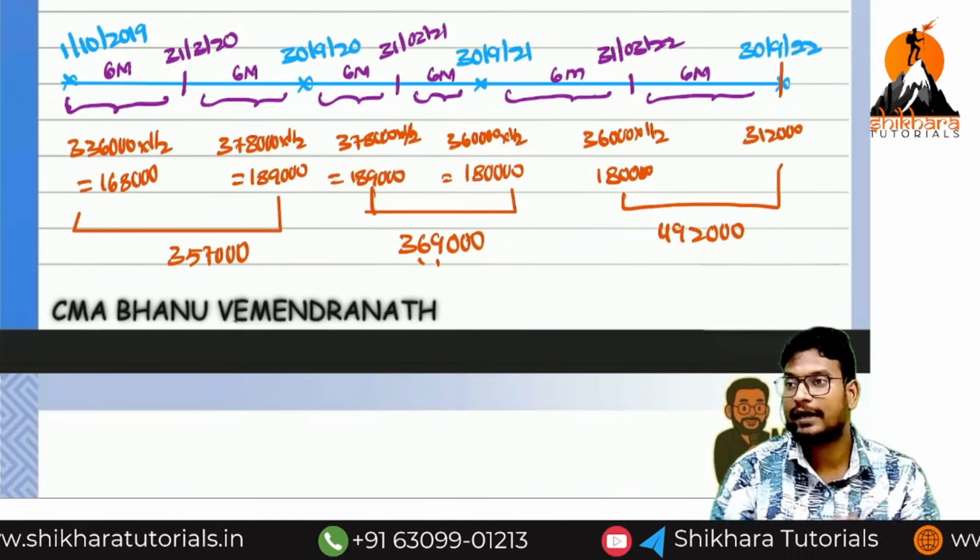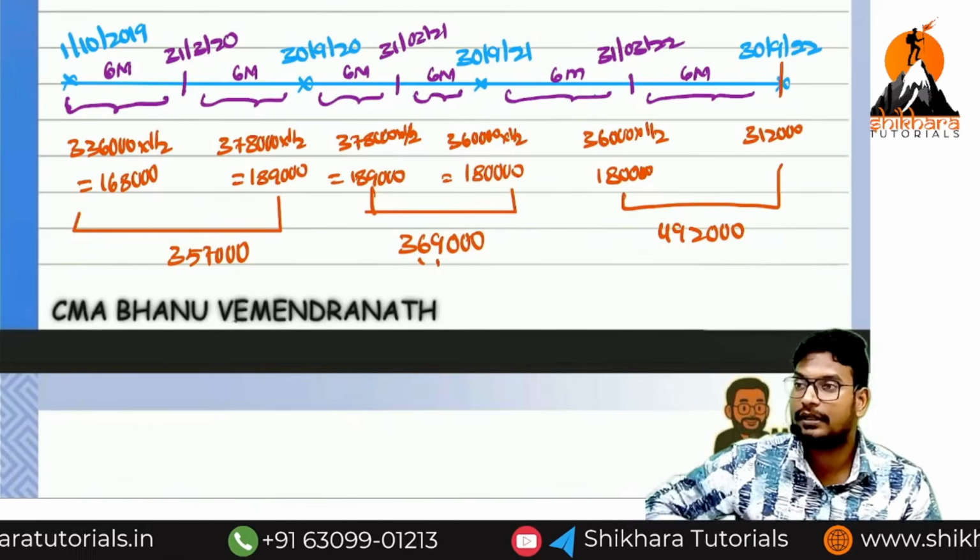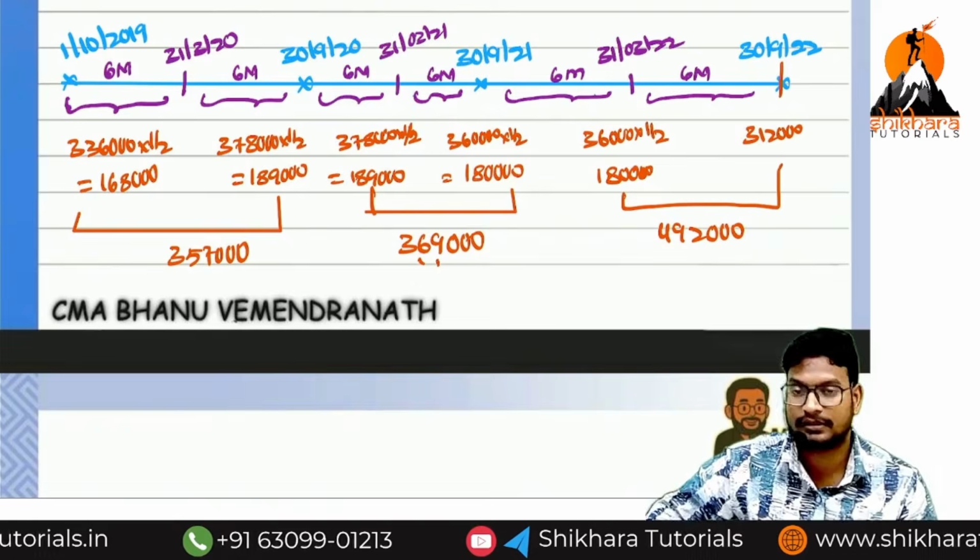Now we need to add back all the things, and then we need to reduce the interest on capital and then reduce the remuneration. So please take a note.